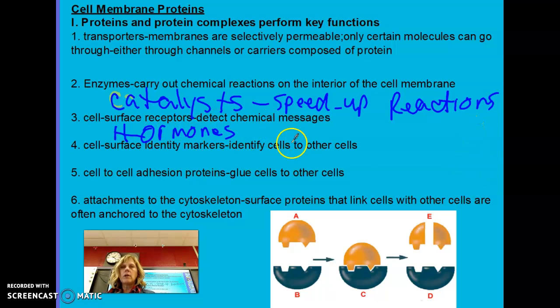So these are usually long range chemical messages. There are some other ones that are short range messengers, and of course there are electrochemical signals that go between nerve cells as well. Cell surface identity markers identify cells to other cells. And some of that, remember, we said, is recognizing self and non-self.